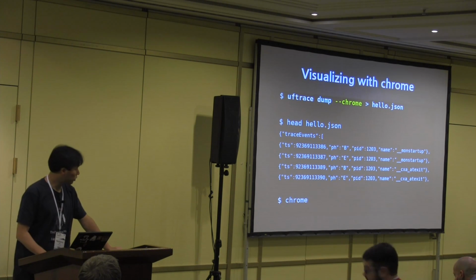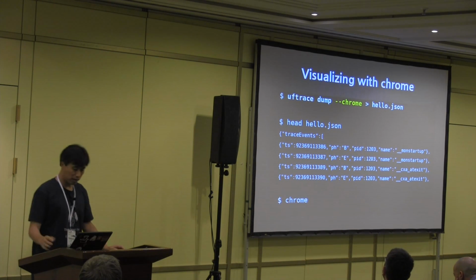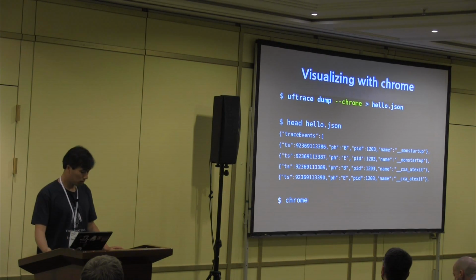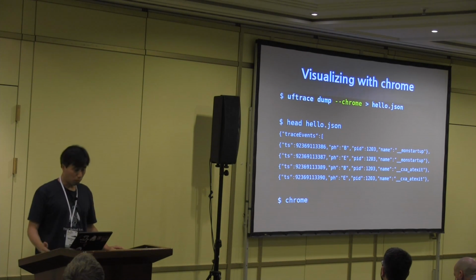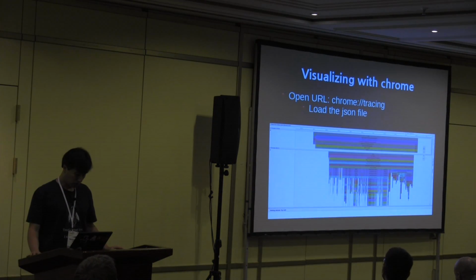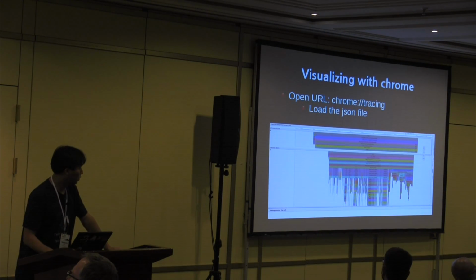But with the Chrome option, it will dump the data in a JSON format, which is supported by the Chrome tracing viewer. So if you save it as a JSON file like this, you can run your Chrome browser and open the Chrome tracing URL, and it will show a button to load your JSON file.